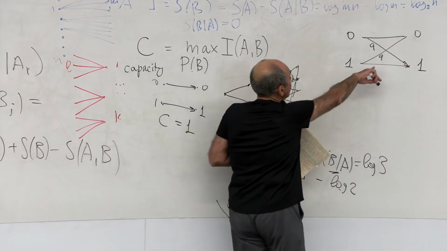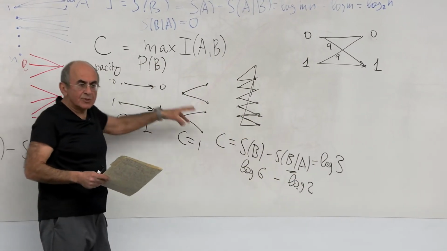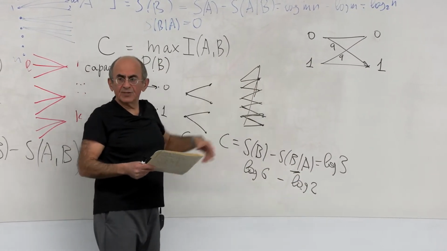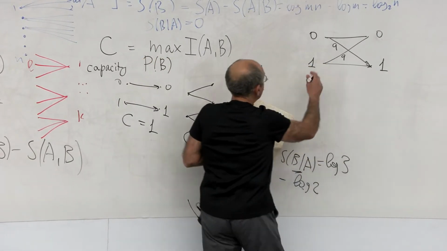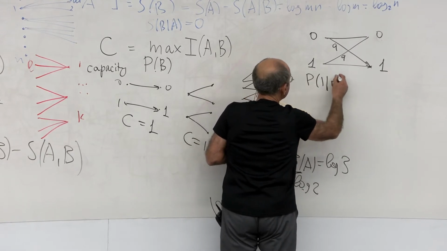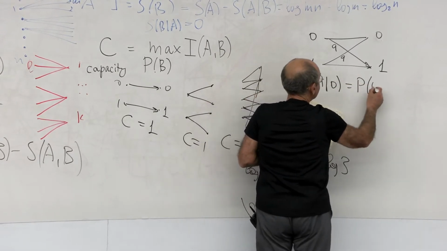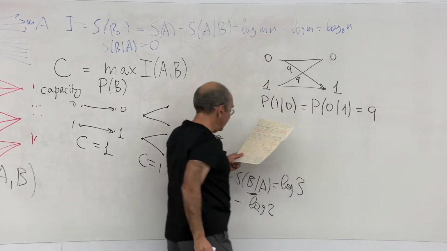Okay, so now let's treat a case where we do have probabilities of mistake. All of this was with fixed rules, but now the probability of 1 under the condition of 0 equals the probability of 0 under the condition of 1 equals Q. Okay?